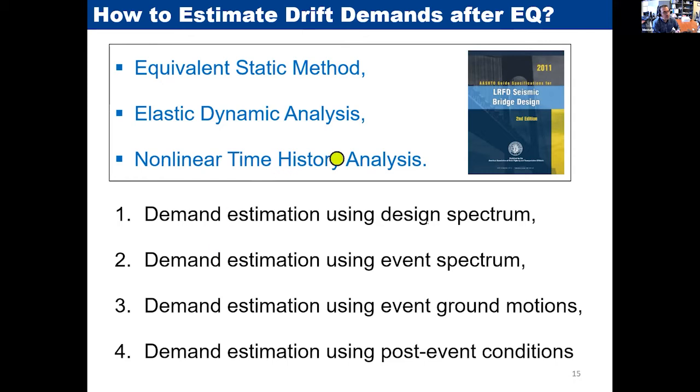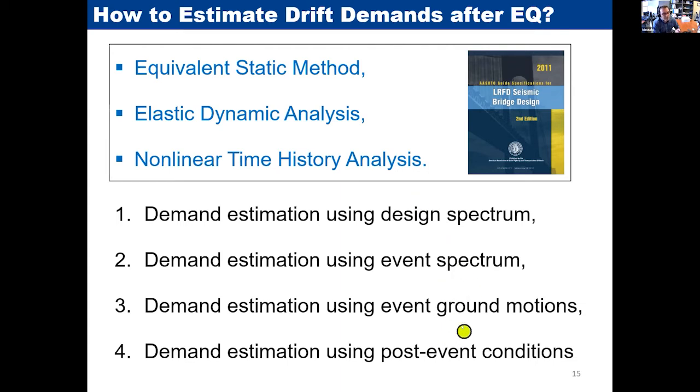So number one, we'll use the AASHTO spectrum. Number two, there are websites like USGS and a few others that, a few seconds after each earthquake, will give you the ground motion. So we do have programs to convert those ground motions to spectrum, so you really use the site-specific spectrum to check your bridge.